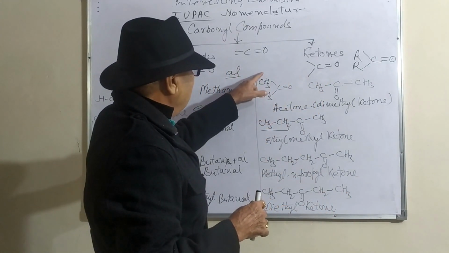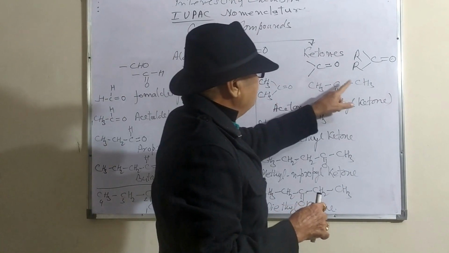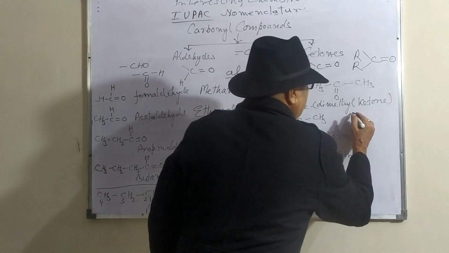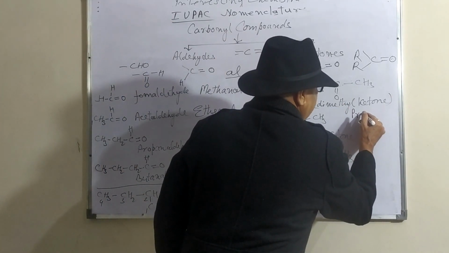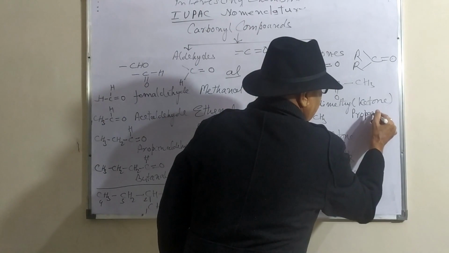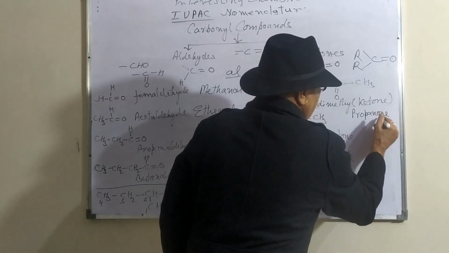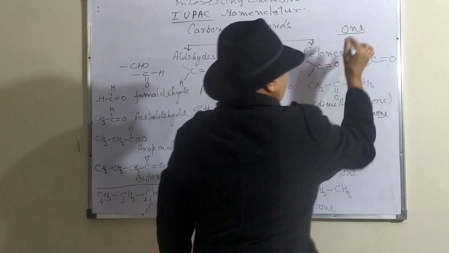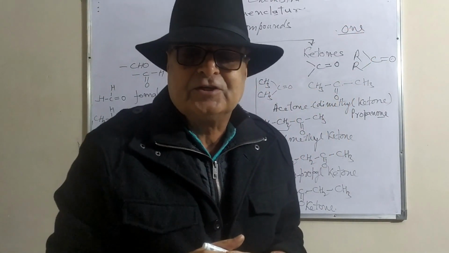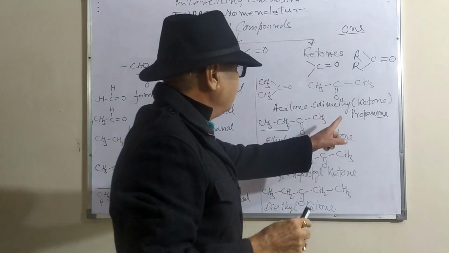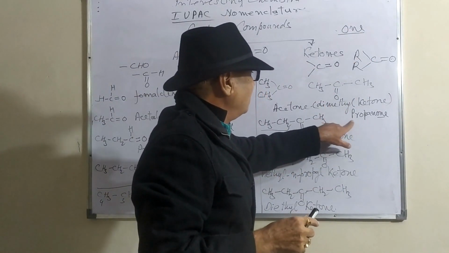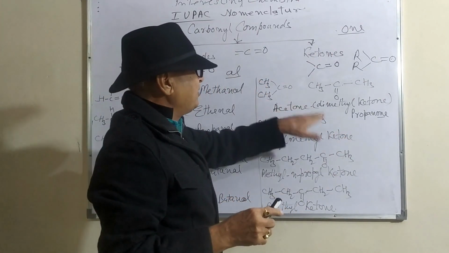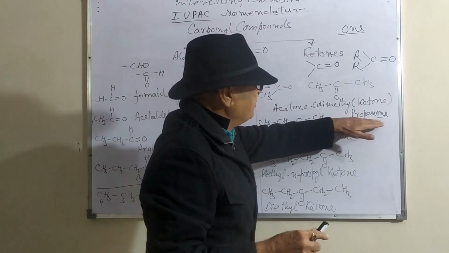Here are 1, 2, 3 carbons, so propane, and -one will be added. It is a suffix. So it is propanone. So the name of acetone in IUPAC will be propanone.